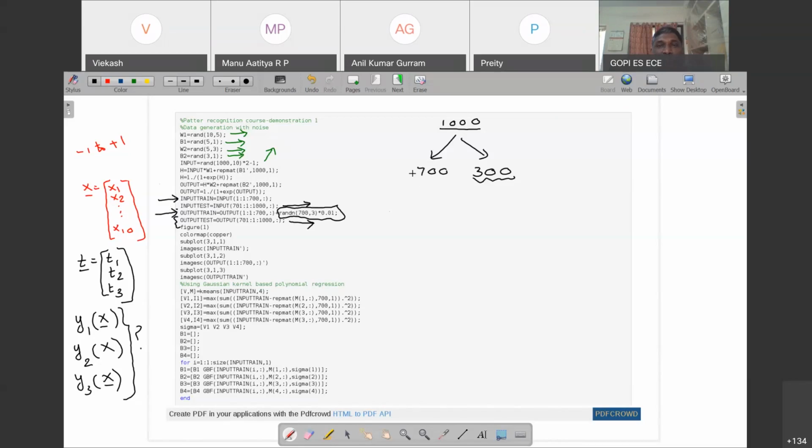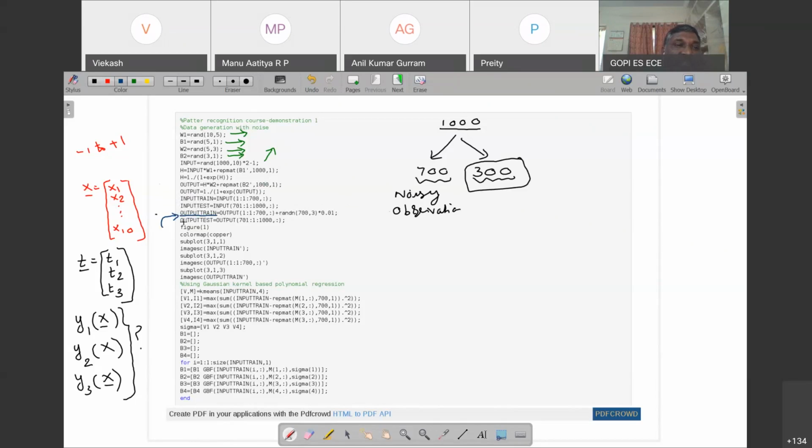I repeat, we have 700 noisy data to mimic noisy observations, and the 300 for testing are kept as they are, without adding any noise, so that whatever result we get using this relation, we can compare the performance and see how close it is able to construct.